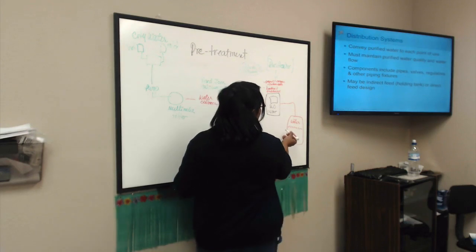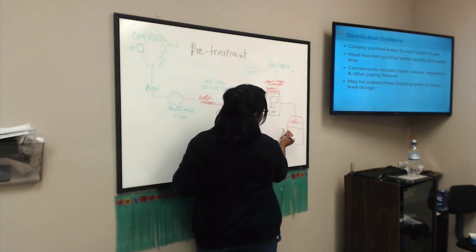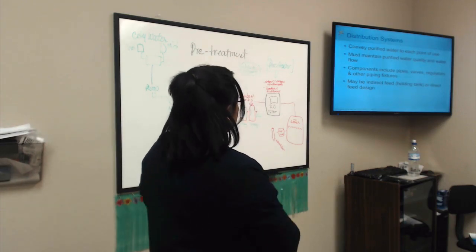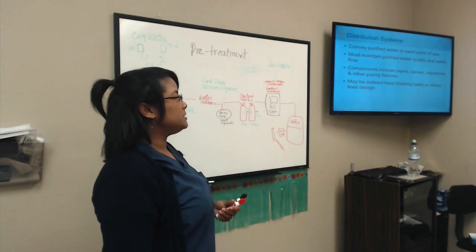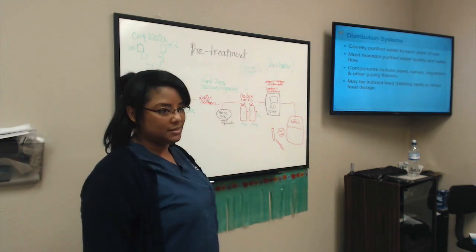So for example, I'm just going to draw it after: UV light, and then I'm going to place here an ultrafilter. So all this part is purification. Now we're going to move into the last portion, which is finally the distribution system.